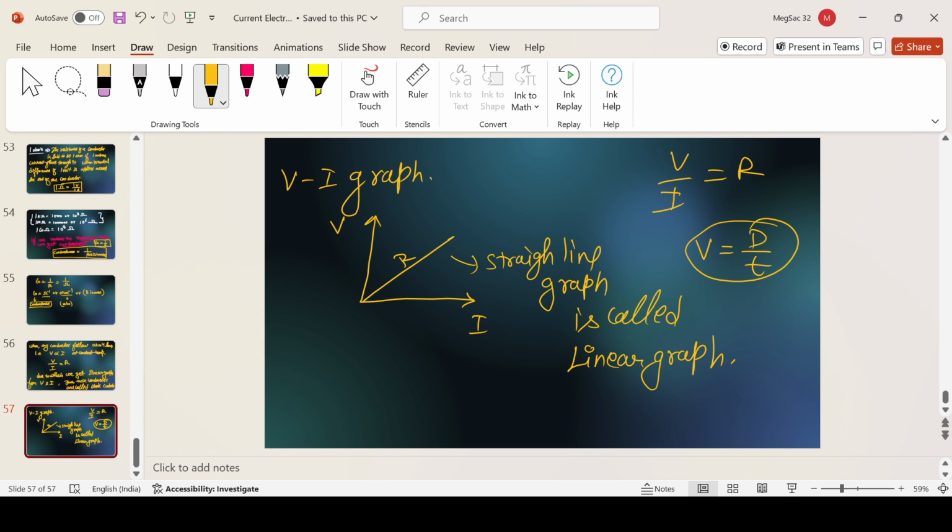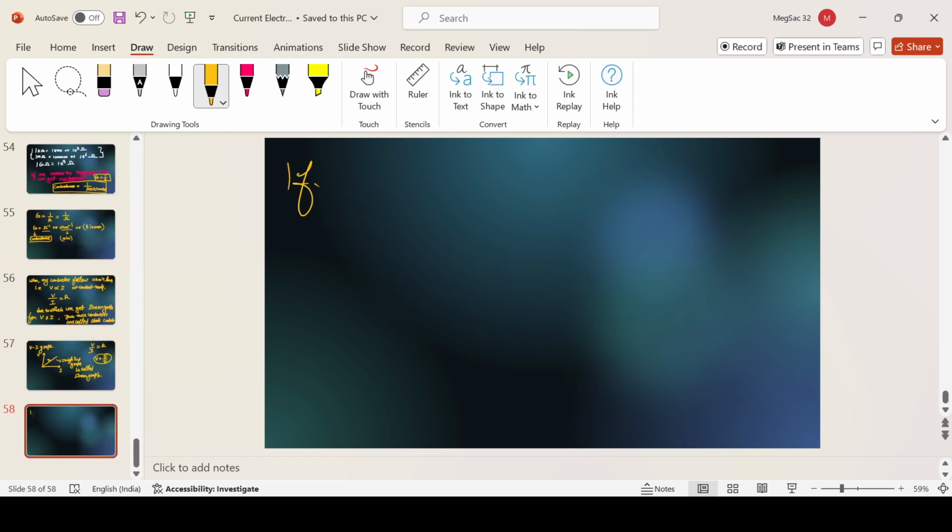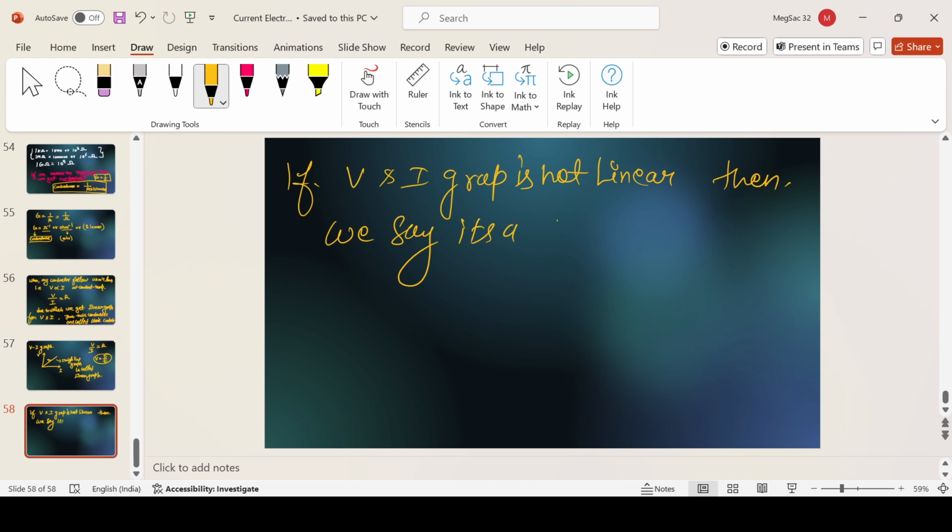And if the VI graph is not linear, then we say it's a non-ohmic conductor.